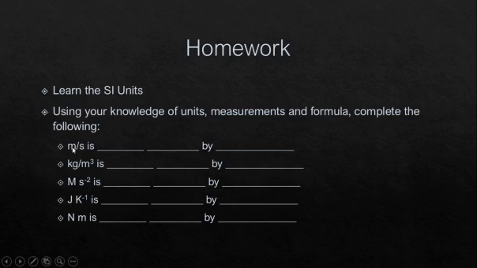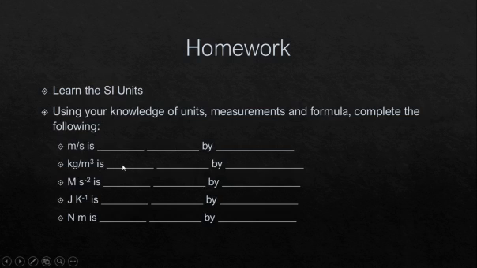So when it's meters divided by seconds, for this one here, this one is distance, because meters is a measure of distance. So this is distance, then the line means divided by, then we have S. S is seconds, which is time. So this one is distance divided by time.